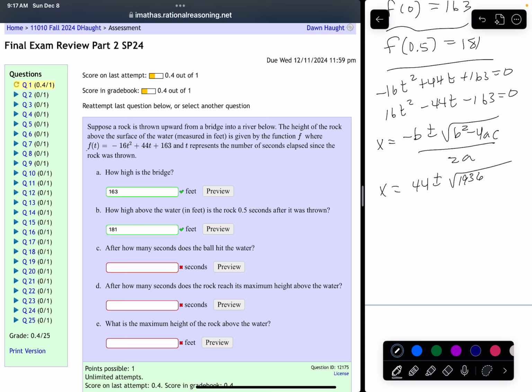You get a positive 10,432, all over 2a. Now a is 16, so just make that 32. Now let's get a number inside here. That 10,432 plus 1,936 is 12,368.